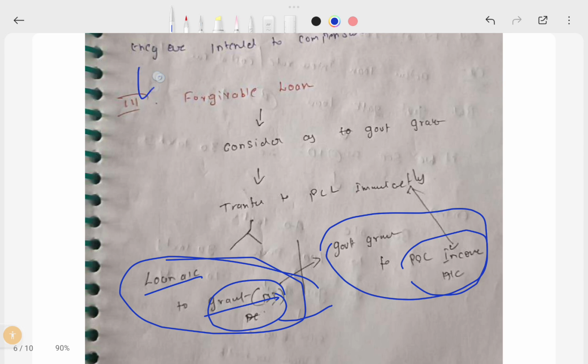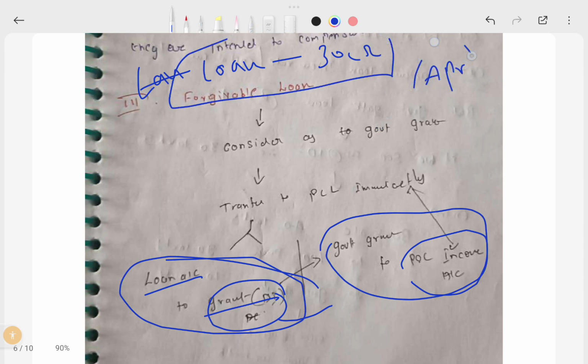Say suppose your loan outstanding is showing as 30 crores as on 31st March last year. The next year 1st April they come and ignore this loan completely. I mean they give relaxation, they forgive that loan. So in this case the loan has to be debited 30 crores to government grant 30 crores.